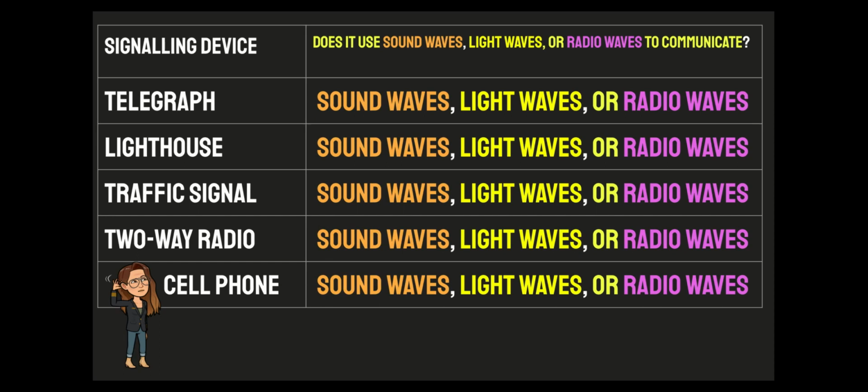It's going to be up to you to think about whether that device uses sound energy, light energy, or radio waves. Now, it might feel easy to identify the energy or the waves that some of these devices send out, but radio waves are a little bit more complicated because radio waves are part of that invisible energy spectrum.